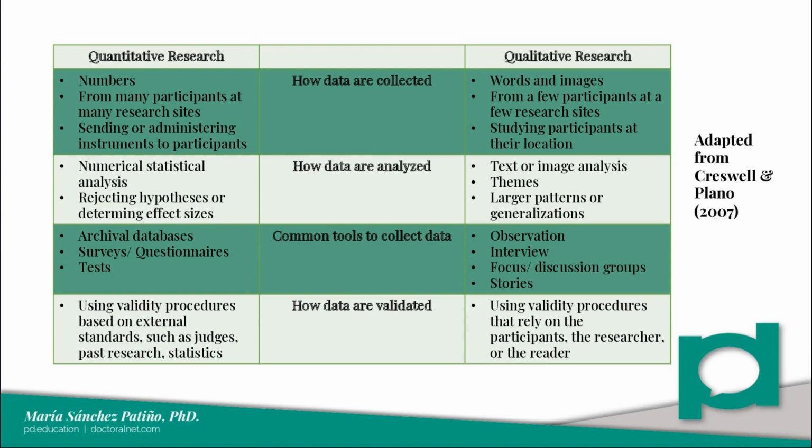And that means using validity procedures that rely on the participants, the researchers, or the readers, and larger patterns or generalizations, so you have to look at the whole data. Okay, so that's why.